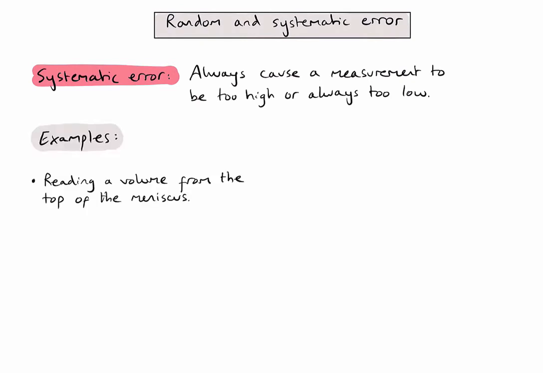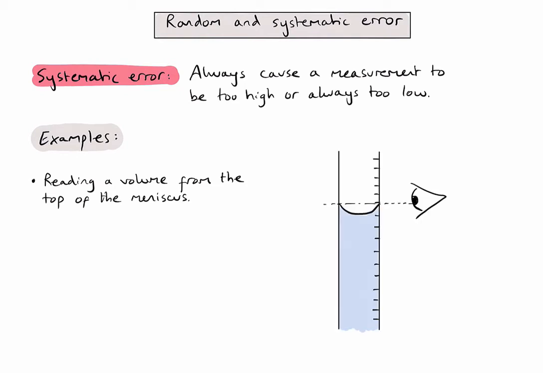The first common one when measuring volumes is reading the volume from the top of the meniscus instead of the bottom of the meniscus, which is where we should be doing it. If I always take my measurements from the top of the meniscus, the volumes that I record are always going to be too high. And because they're always wrong in one direction, we call it a systematic error.